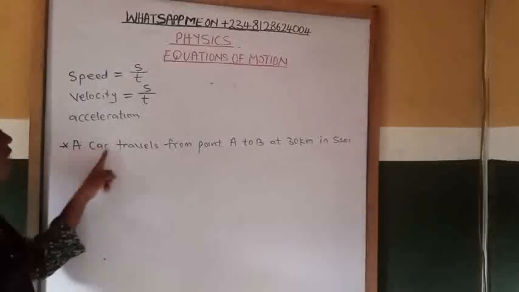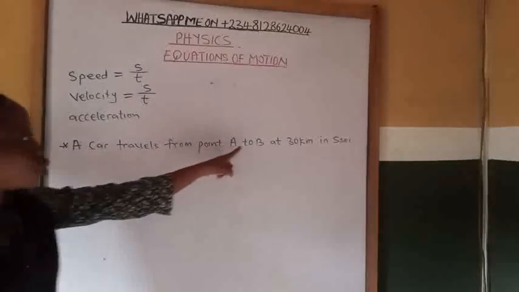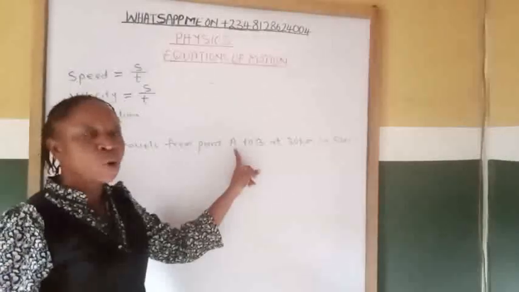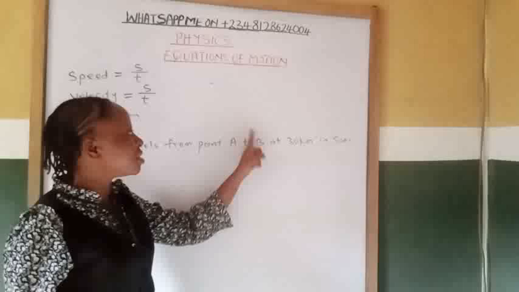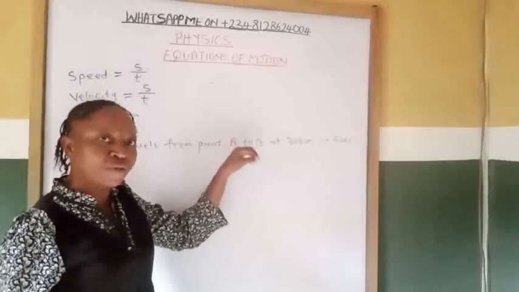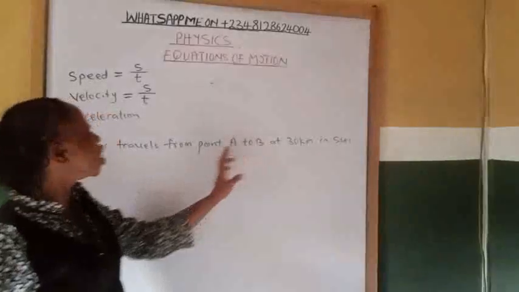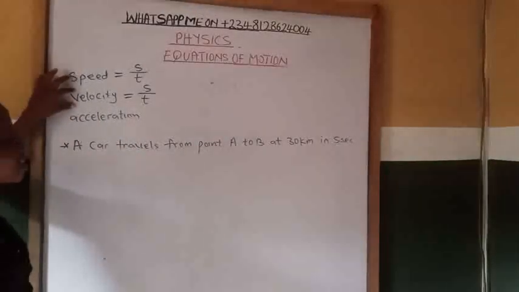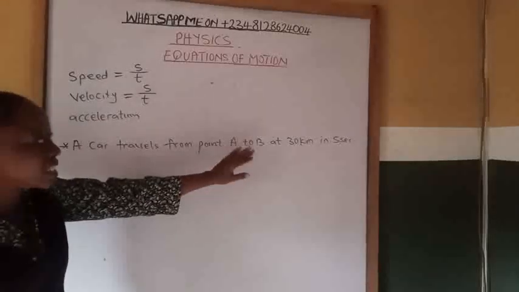The starting point of the car is point A, and where it stopped is point B. So there is a specified direction. When they mention a specified direction, that is velocity.